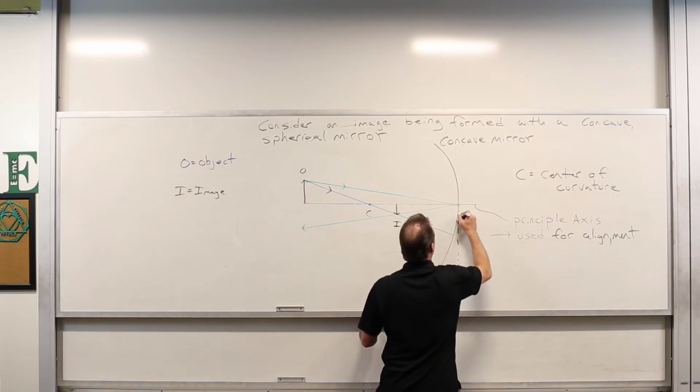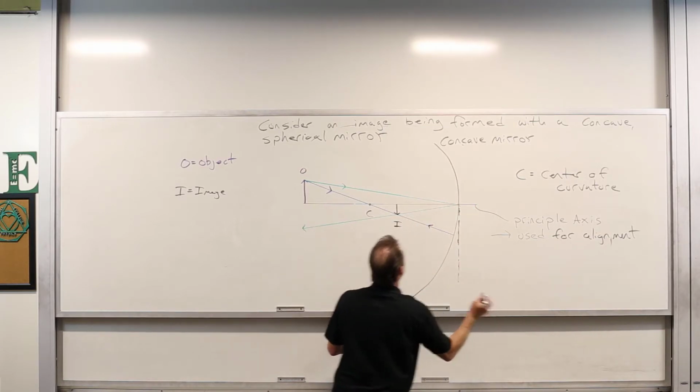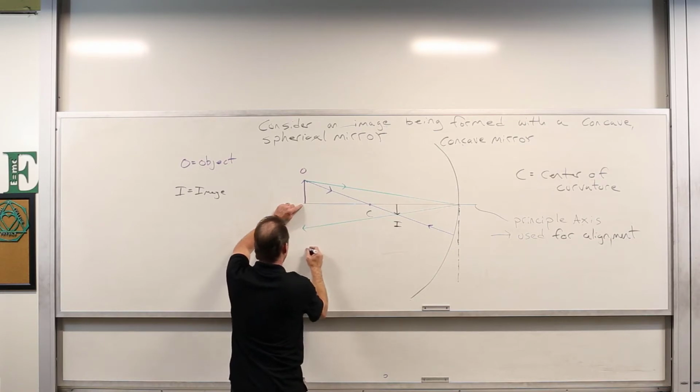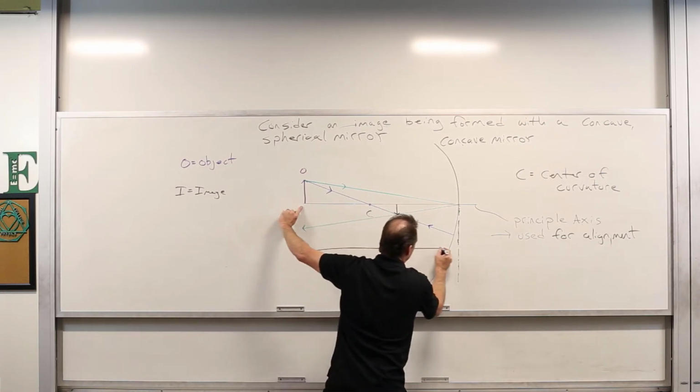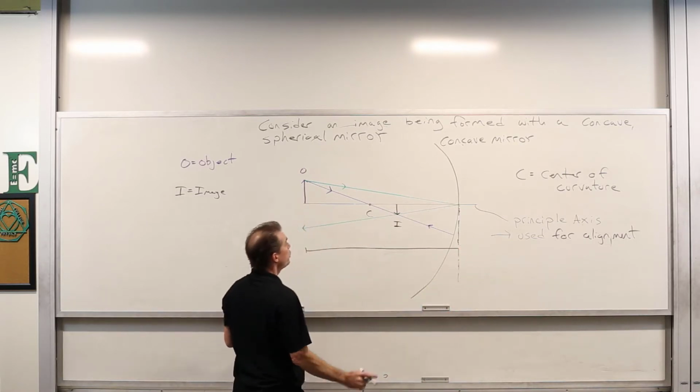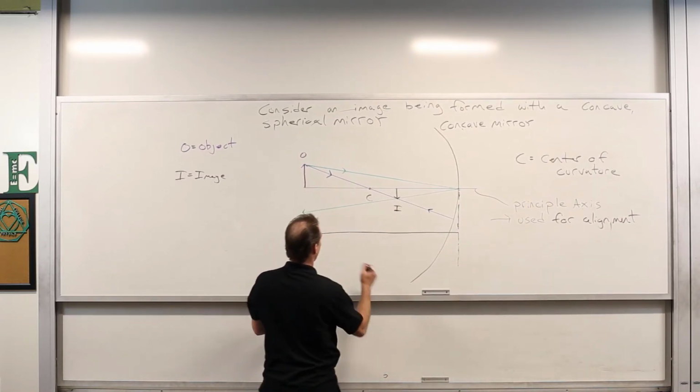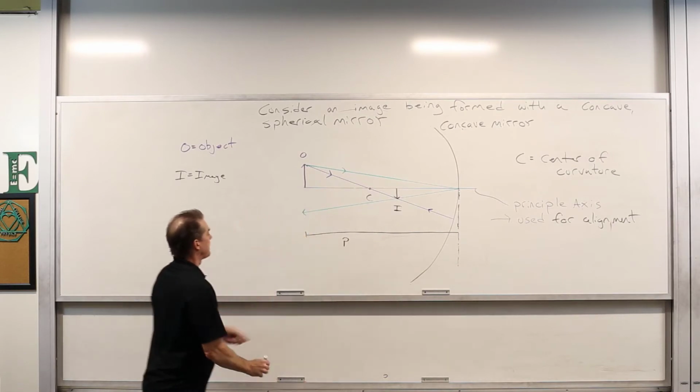Everything is really measured along the principal axis. Object distance, P.